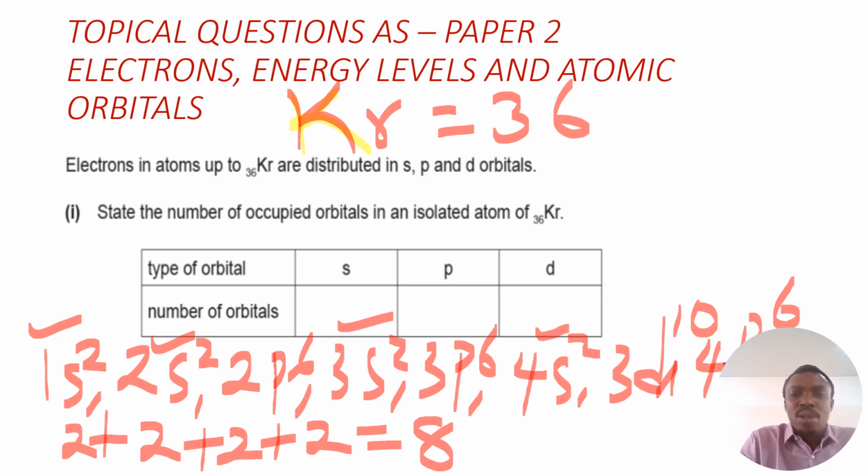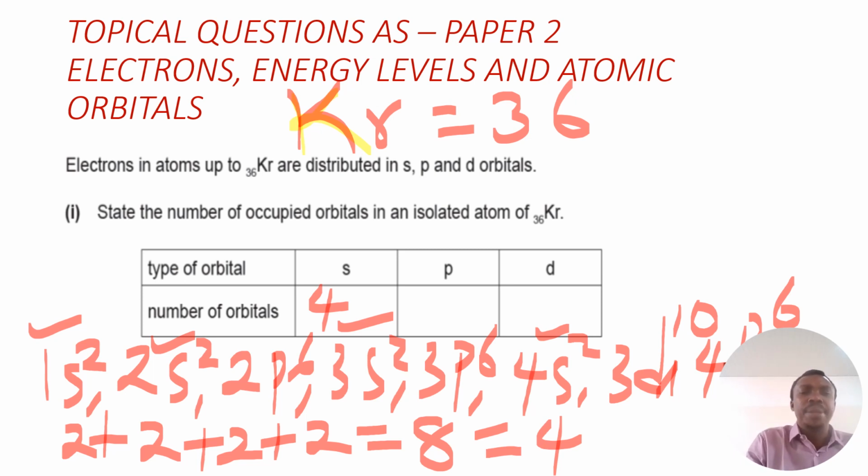And based on the Pauli exclusion principle, the maximum number of electrons that an orbital can take is 2, and they must spin in opposite directions. So if an orbital can take 2 electrons, that means 8 electrons would take 4 orbitals. So the number of orbitals for the s subshell will be 4.